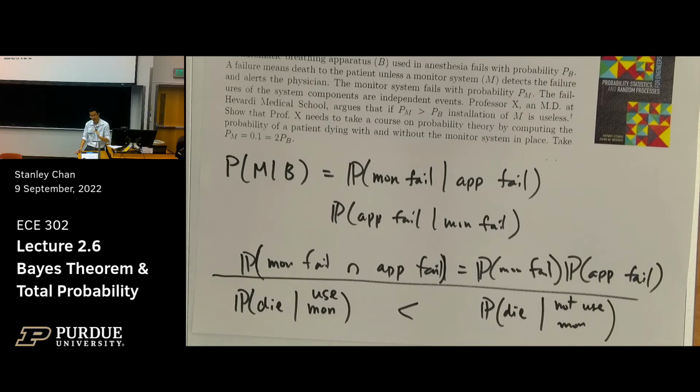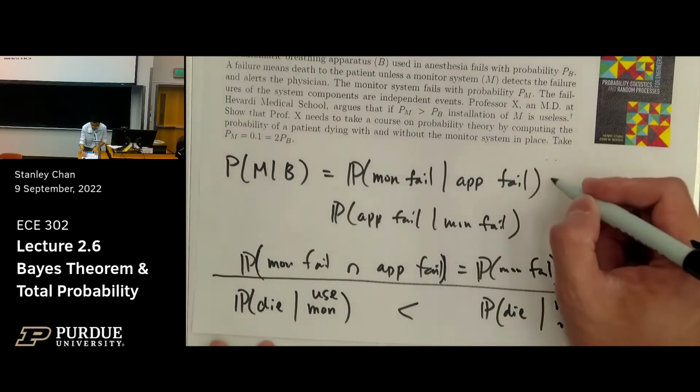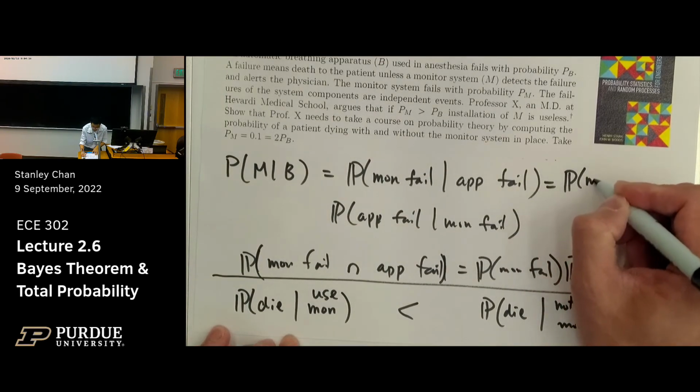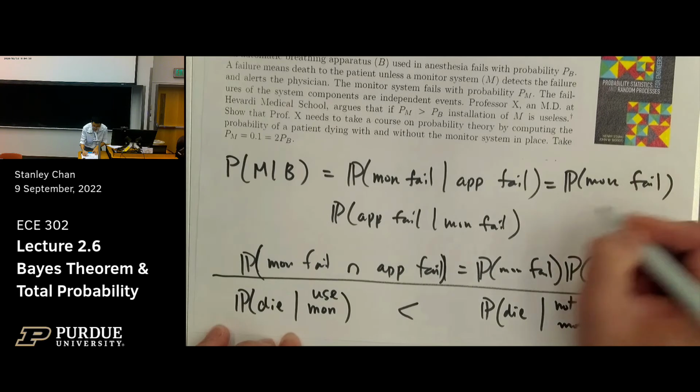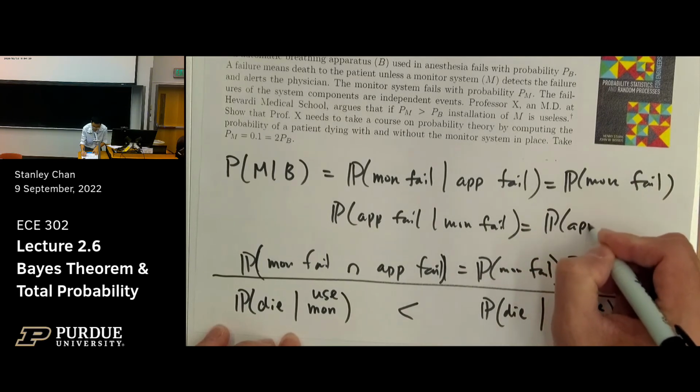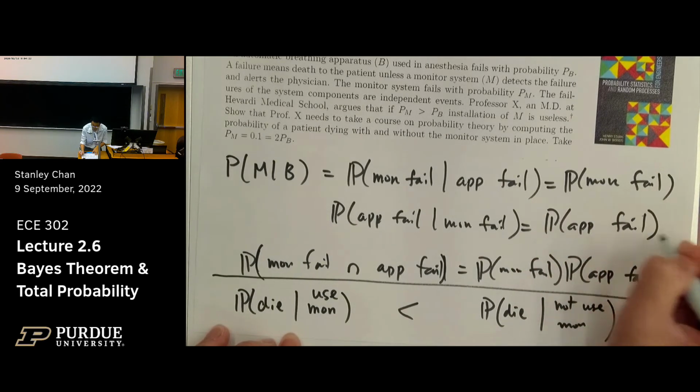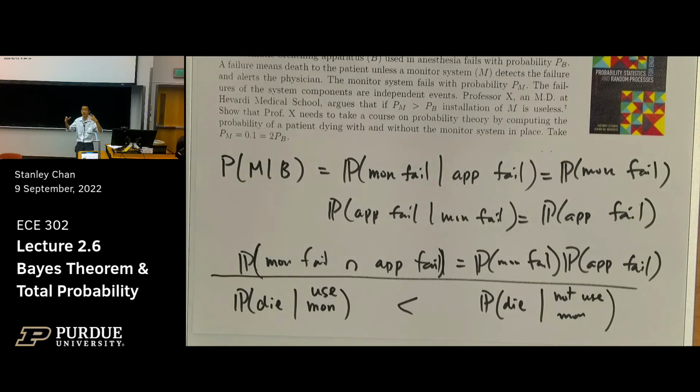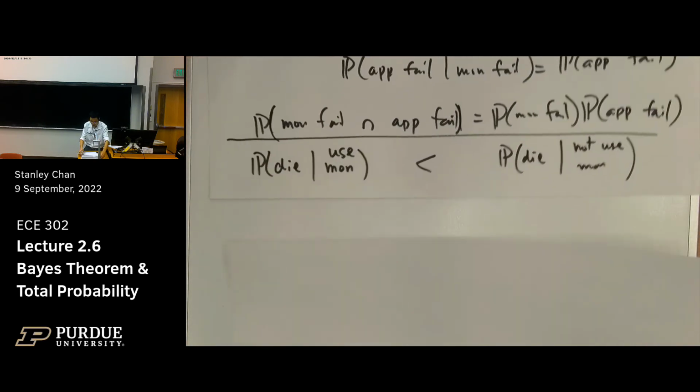Because they're independent, this conditional probability has nothing to do with it. It's just the probability of monitor fail. This is just the probability of apparatus fail. Right? I think we're getting closer and closer. Right. Okay, so now let's go back to here. Let's just connect the dots. We have all the tools ready.